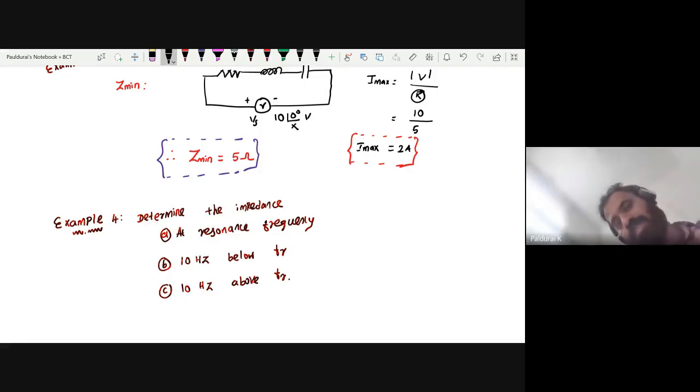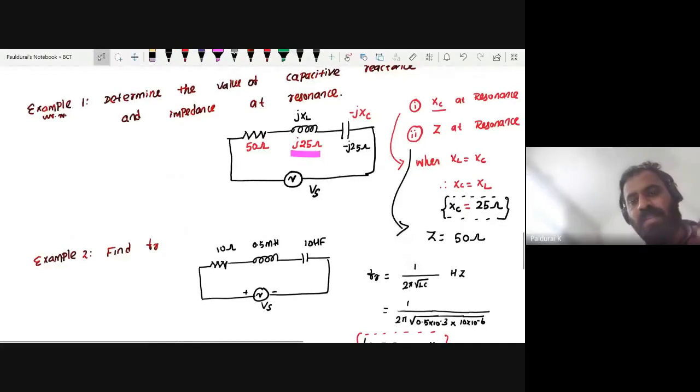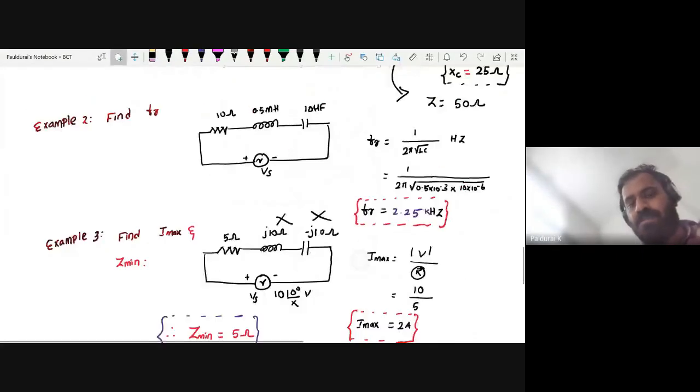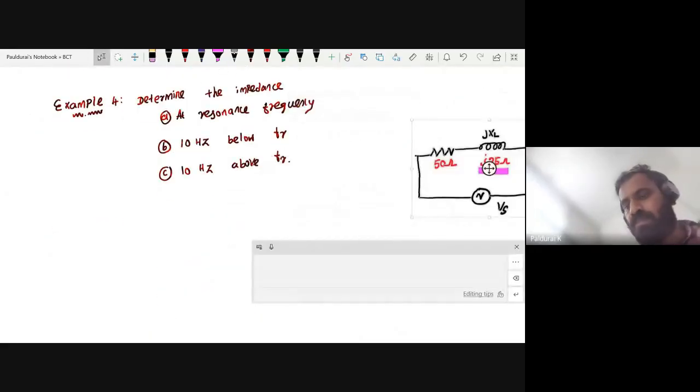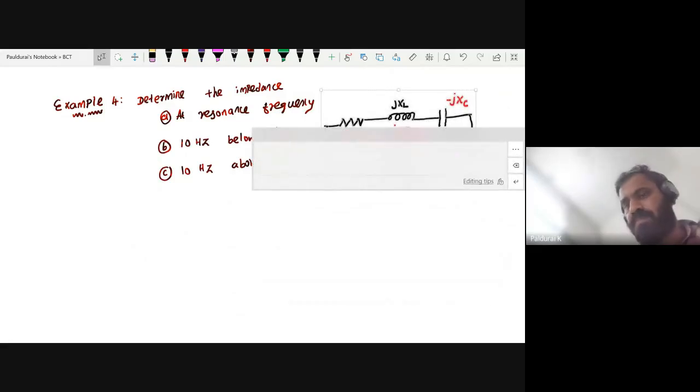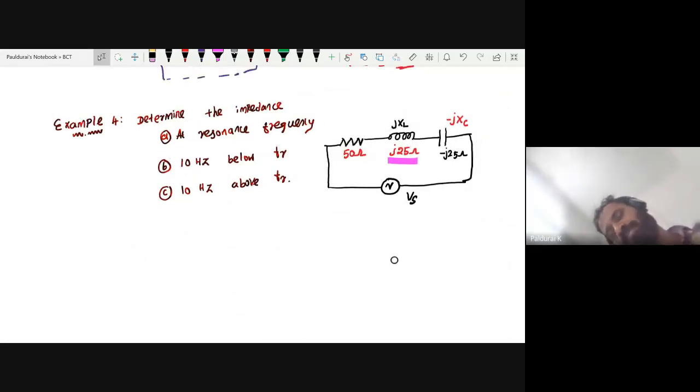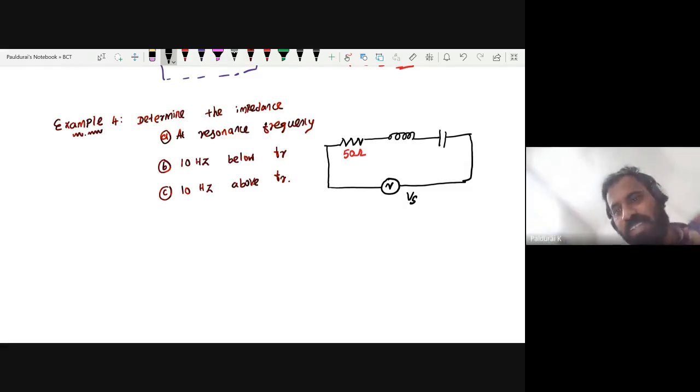Take the first circuit. L and C values I want to give, right?